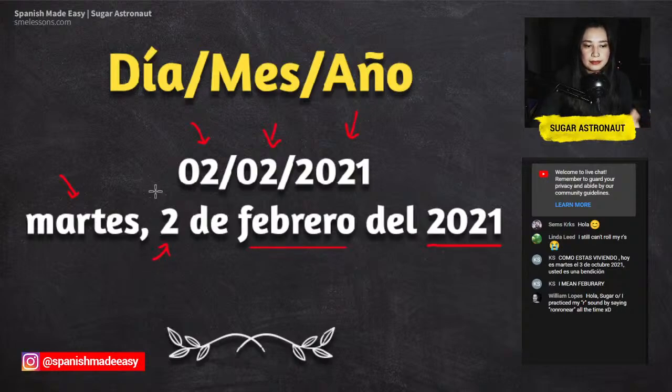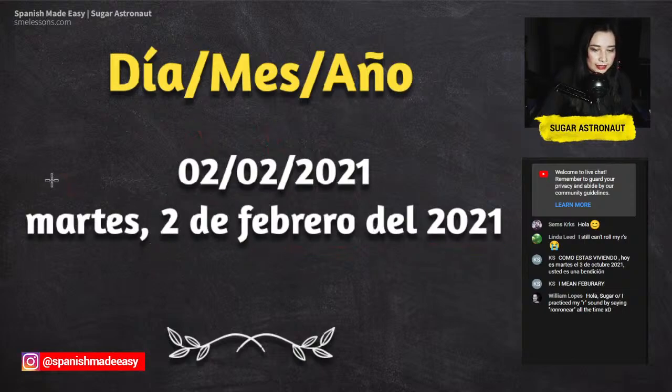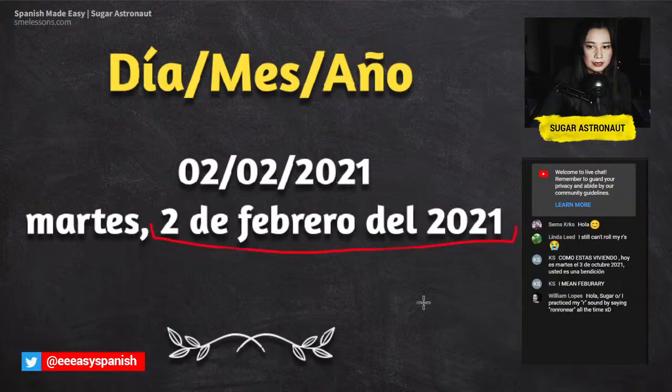So, once again, you can have the day of the week. It's not necessary, but you can have it. And then, essentially, what is important here is this part, from here to here. Because we're saying 2 de febrero del 2021. Okay? So that's essentially the formula that we have here.